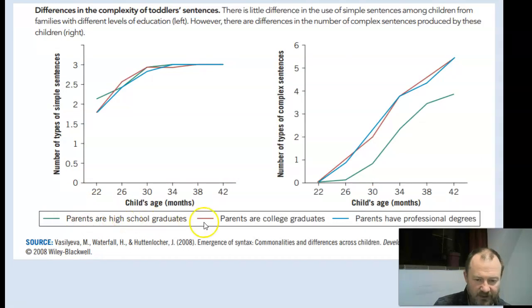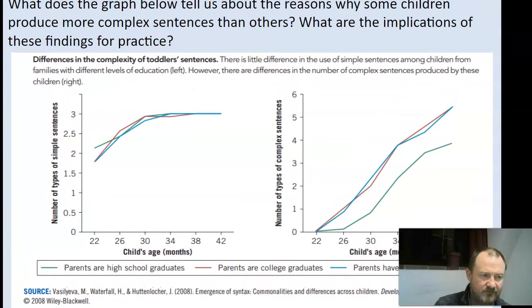So you may not have been able to see at the bottom that we've got three lines in different colors here. The green line is parents are high school graduates, the red line is parents are college graduates, and the blue line is parents have professional degrees.